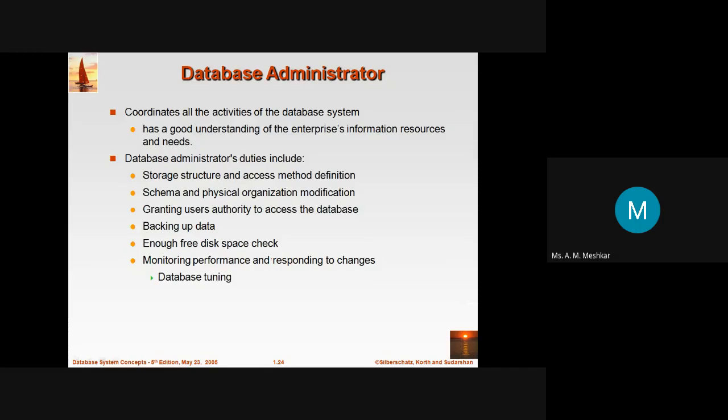He can also revoke the access given to a particular user if it is being misused or violated. If someone is misusing it, he can revoke the access or rights given at that time, or grant them as well. So every control, this person will be responsible for. DBA in short, that is the database administrator.